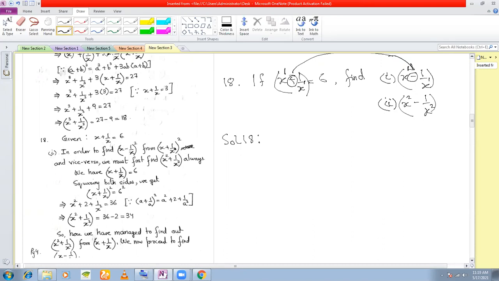You don't need to square, you don't need to cube, right? You will first have to find out x square plus 1 by x square. So we'll start from this. Given here is x plus 1 by x is equal to 6. Now from here, we shall find out x square plus 1 by x square. Only then we can move on to this minus sign. So we square both sides.